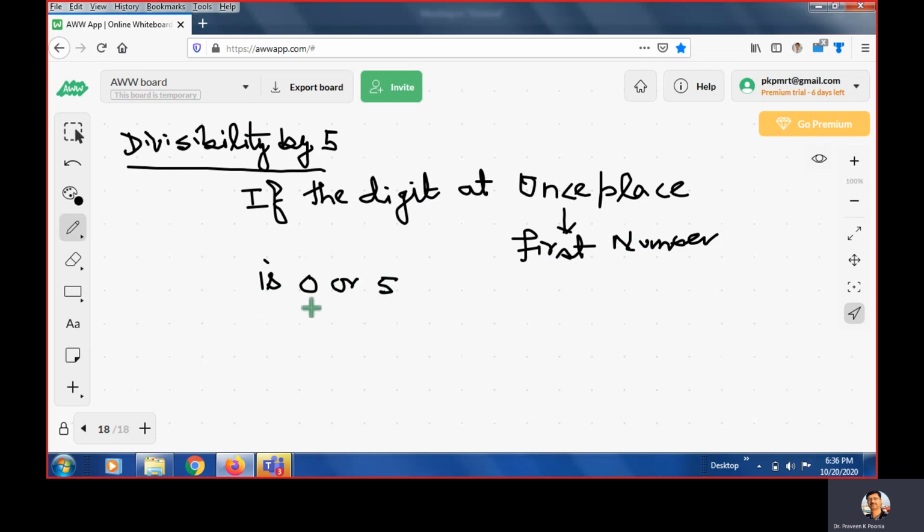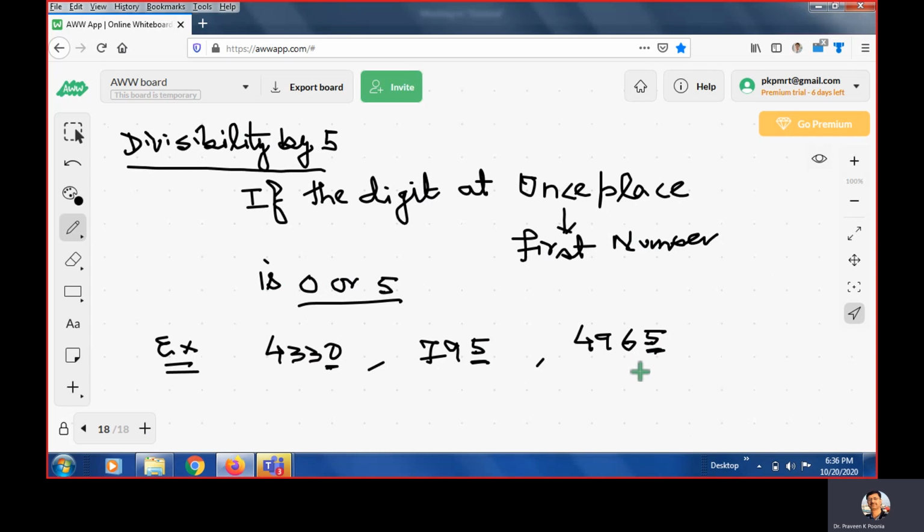Clear? So if 0 or 5, then divisible by 5. Example: 4330. Look, 0 is here. 795. 5 is here. 409.65. Sorry, 5 is here. And 600. 0 is here. So if the first number or ones place digit is 0 or 5, then the number will be divisible by 5.